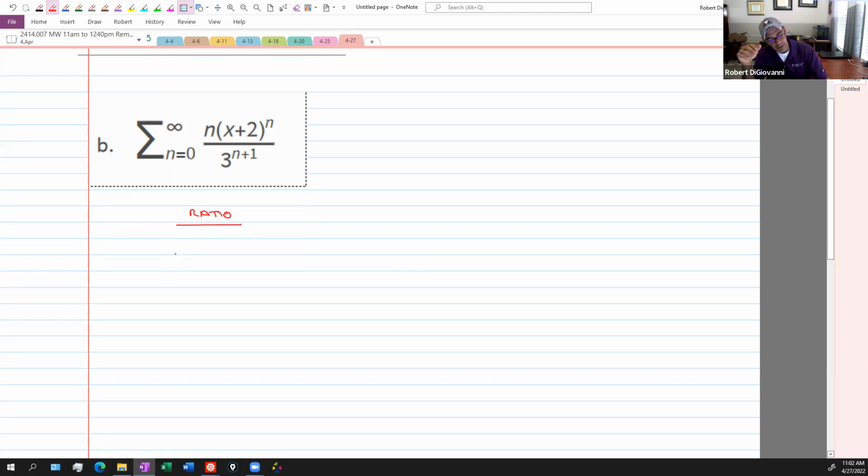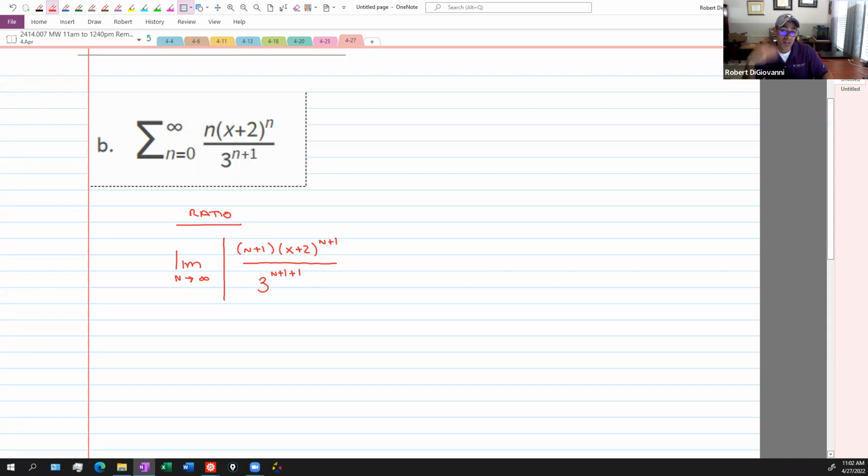And for that, I'm going to take the limit as n goes to infinity of the absolute value of, okay, I'm first going to plug in n plus 1 into this, everywhere I see an n. So this will become 3 to the n plus 1 on the bottom.